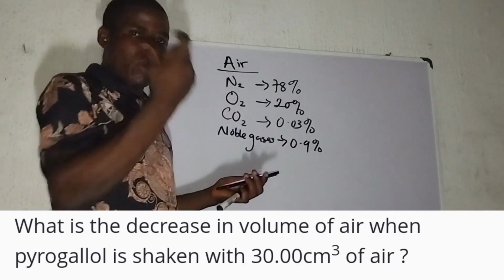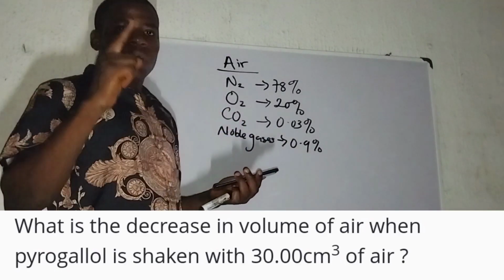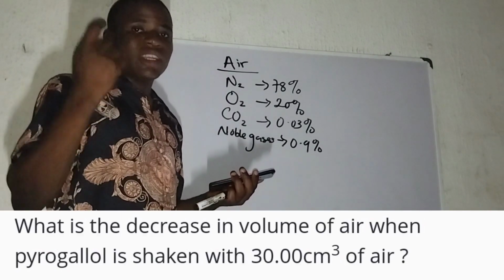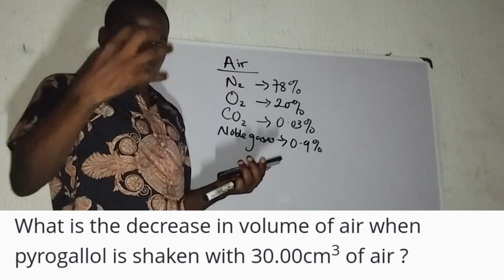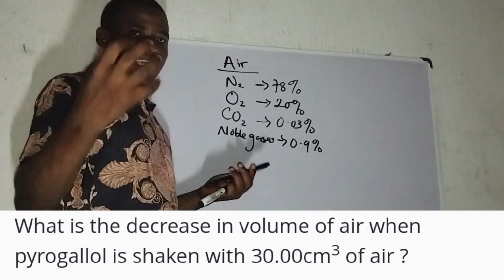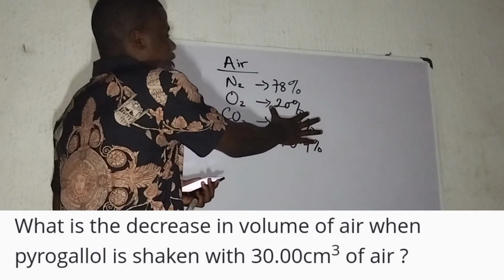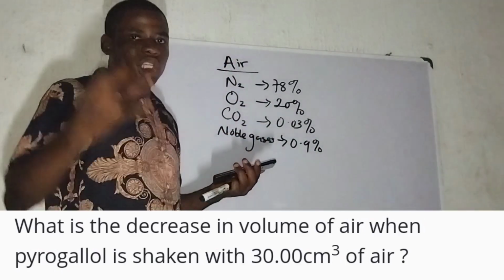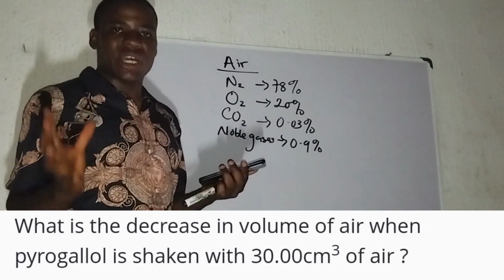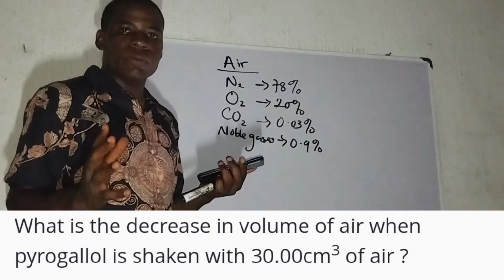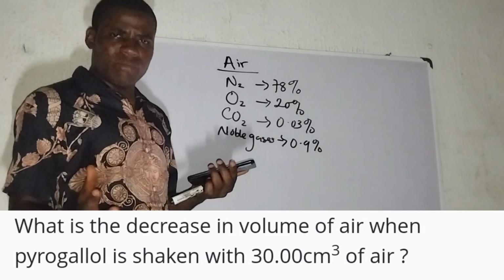Remember that we equally have water vapor in air. It means that if I pass heated copper through air, the heated copper absorbs oxygen. When it absorbs oxygen, the percentage composition of oxygen taken out is 20%. So the air that was 100% initially is now around 80%. Does it make sense?